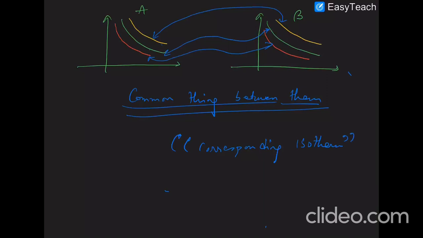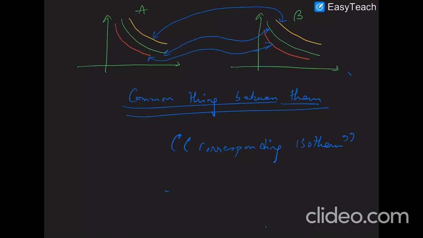Just to have a better idea of it, as I told you, these two yellow lines in two different state spaces of system A and system B respectively are the corresponding isotherms. Similarly, the two green lines are the corresponding isotherms, two red lines are the corresponding isotherms.